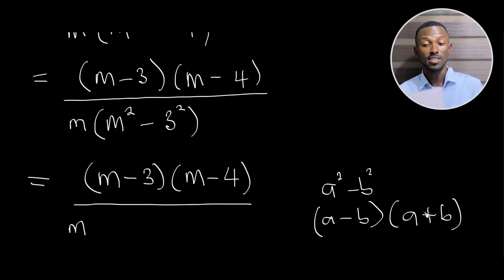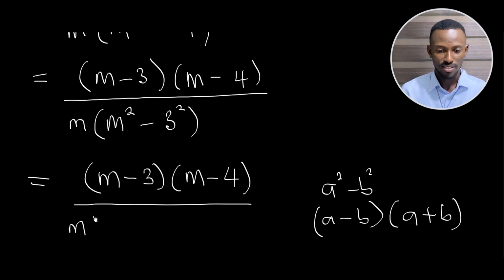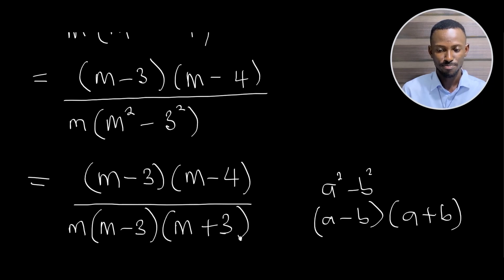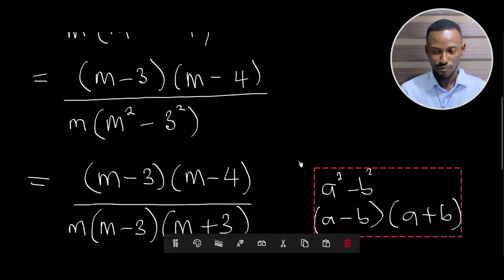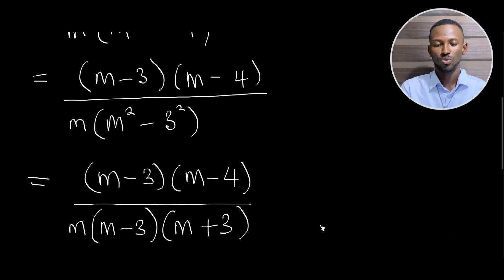So with this knowledge already established, this m squared minus 3 squared is the same as (m minus 3)(m plus 3). Easy peasy, right? It's just transfer of knowledge, because we already know what difference of two squares is, so we just apply it here.